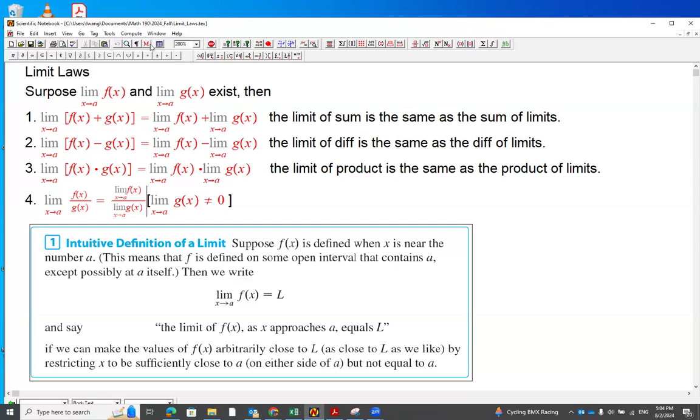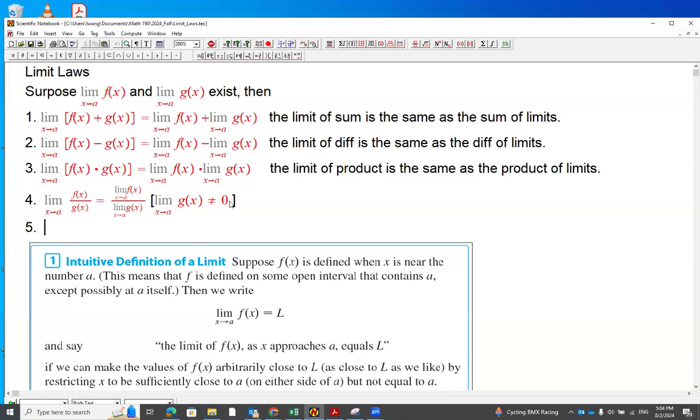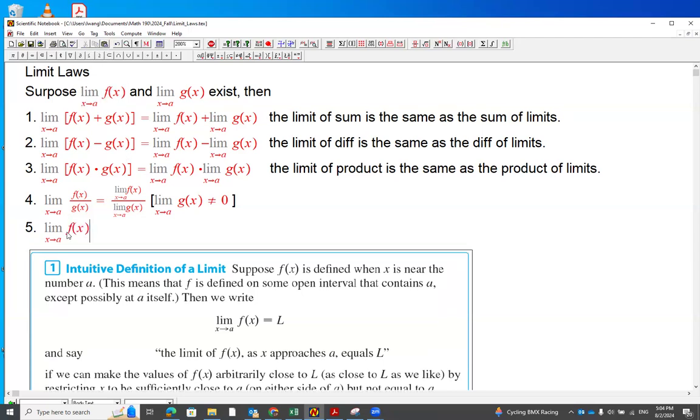And number 5 is also very useful, but it only requires one of the limits to exist. So provided that this limit exists and we multiply by an arbitrary constant, this limit would equal the constant multiplied by the limit.